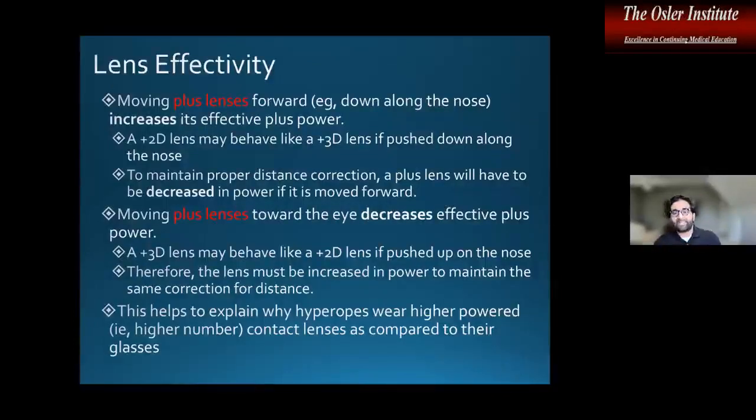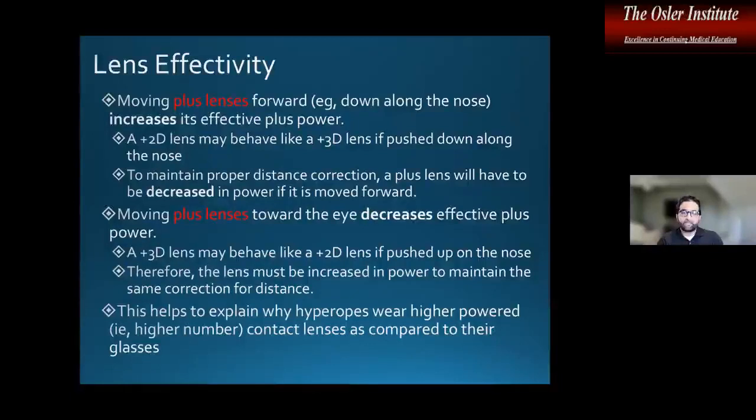So when we move a plus lens forward, in other words, down along the nose, that plus lens is going to gain more plus power. So a +2 diopter lens will gain additional plus power if pushed down along the nose. To maintain proper distance correction, a plus lens may have to be decreased in power if it is moved forward.